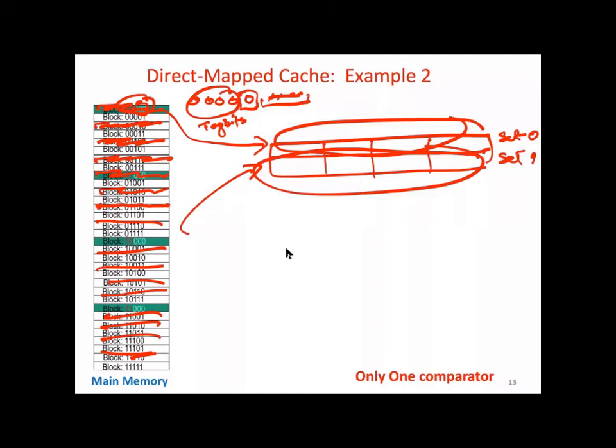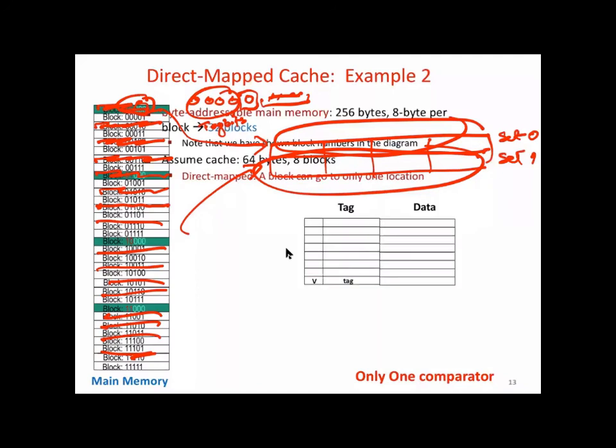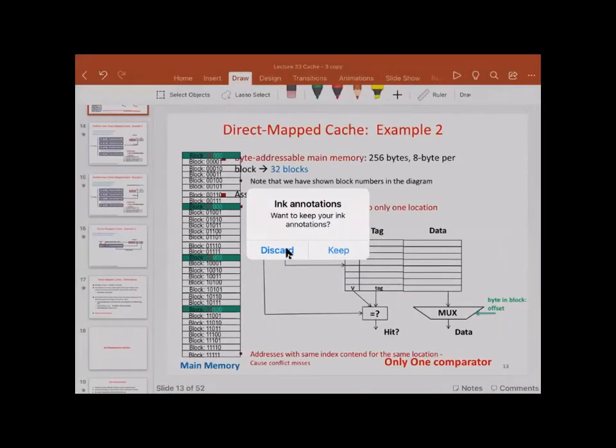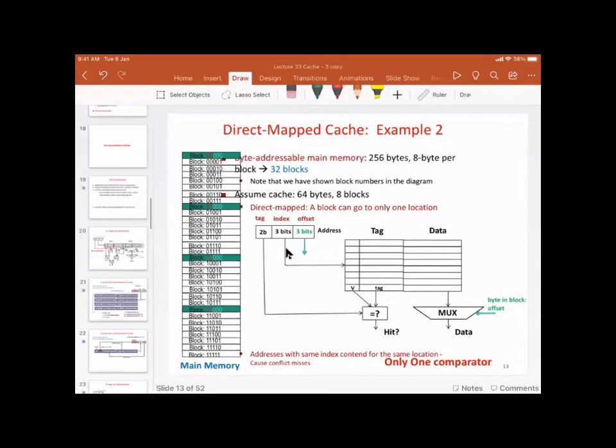So it's essentially 4 to 8, 8 to 16. That's how we are changing. And then in the last case, all 32 blocks will be part of one set. That's called fully associative.